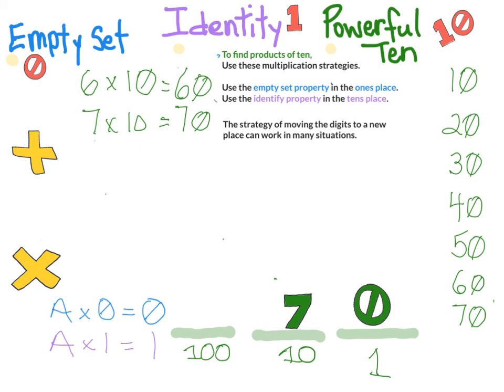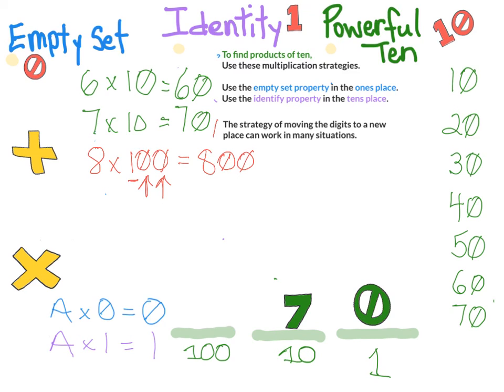Now, just to get a little advanced here, I want to show you one more thing. The strategy of moving the digits to a new place can work in many situations. What if we're not timesing by 10? What if we're timesing by 100? Well, in this case, instead of 1 zero, you would add 2 zeros, because now there is nothing in the ones place and there is nothing in the tens place.